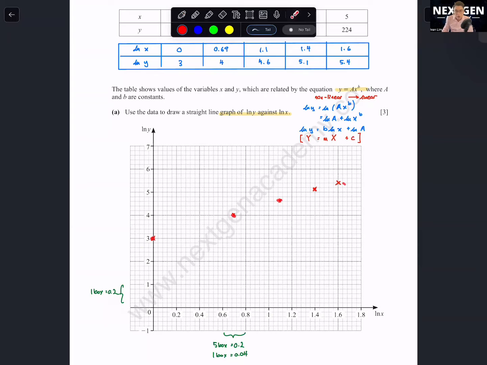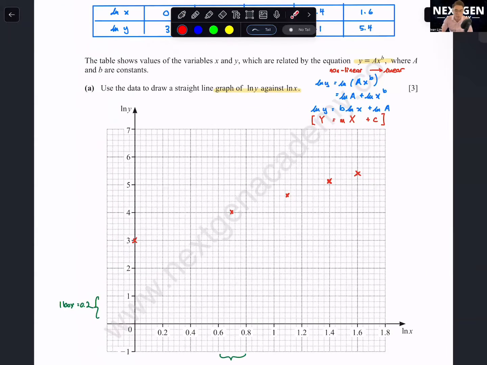One thing I like to do also, please don't use a dot. Use an X, and you all are using pencil, right? Draw the X a little bit bigger, because sometimes it's not so accurate. So you draw a bit bigger, then at least you show that you are passing through all the points. Now what I want you all to do is connect all the points together.